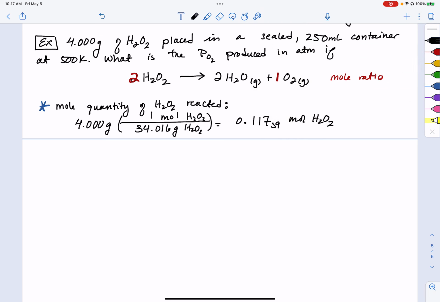So now I can use that mole ratio to convert my 0.11759 moles of H2O2 into some mole quantity of oxygen.